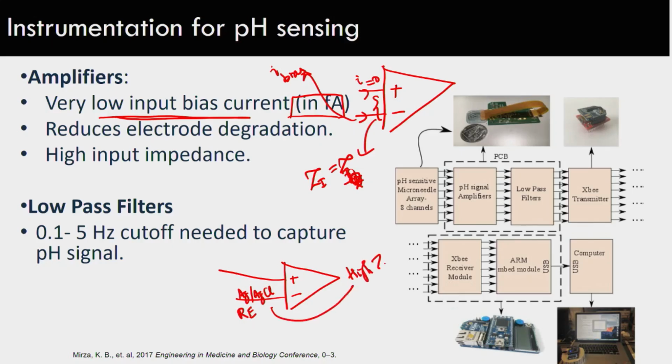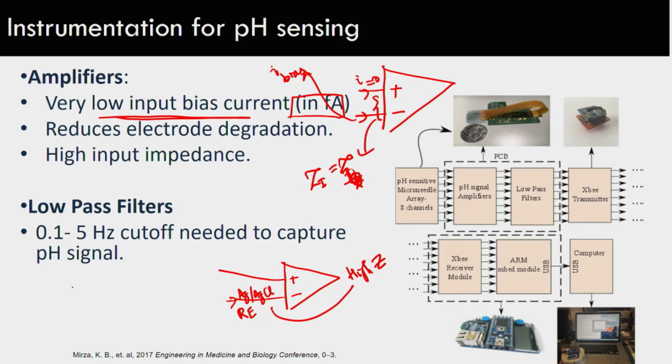So this has very high impedance. Even a small current that flows through the electrode gets multiplied because of the high impedance, and you have a voltage signal which may not be due to pH change. It may be due to this input bias current which is flowing.